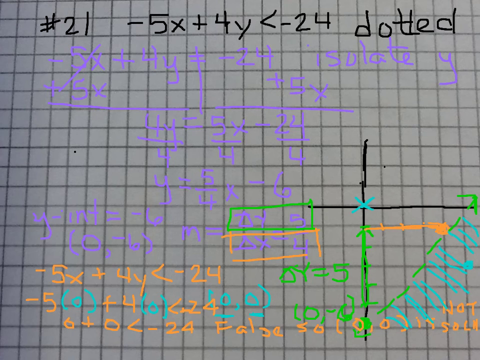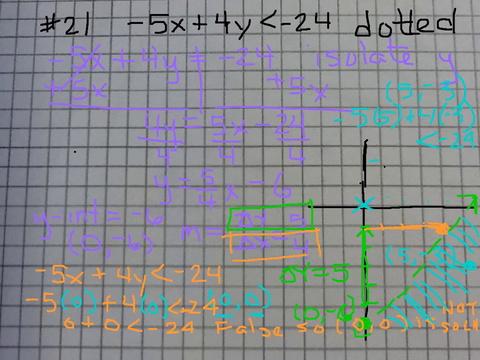Anything in this section down here is going to work. For instance, this point here is 1, 2, 3, 4, 5, and 1, 2, 3. So this is the point 5, negative 3. Now when I plug that in, I should get a true solution. So if I plug in the point 5, negative 3, I get negative 5 times 5 plus 4 times negative 3 is less than negative 24.